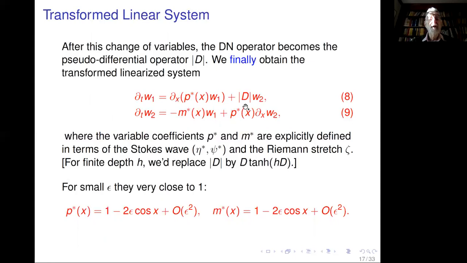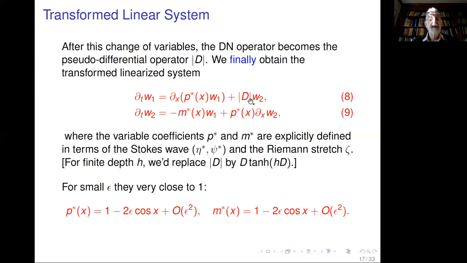Where the Dirichlet-Neumann operator becomes the simple one when I do that change of variables, and it's just this pseudo-differential operator, absolute D. Now D is just like the derivative with respect to x.